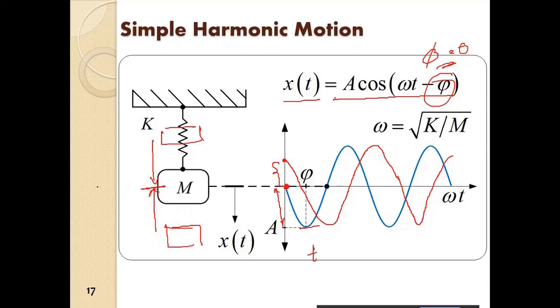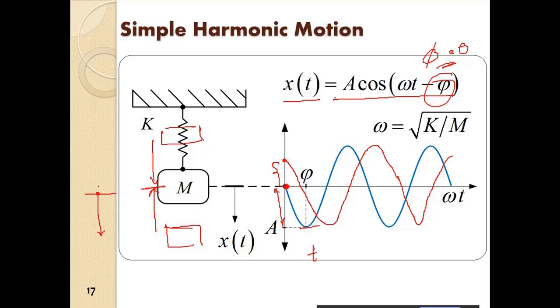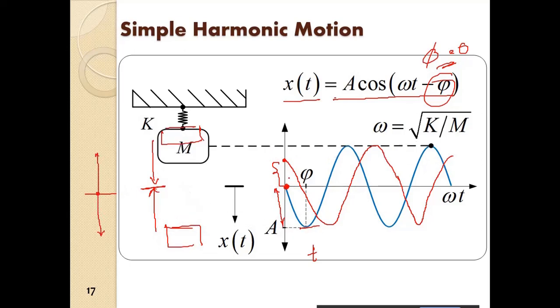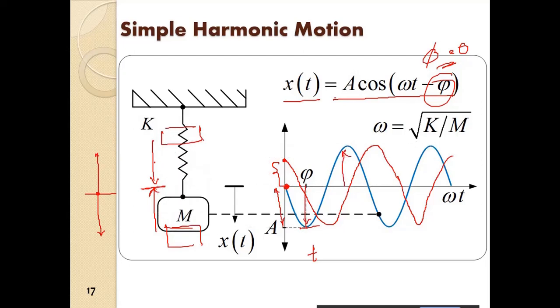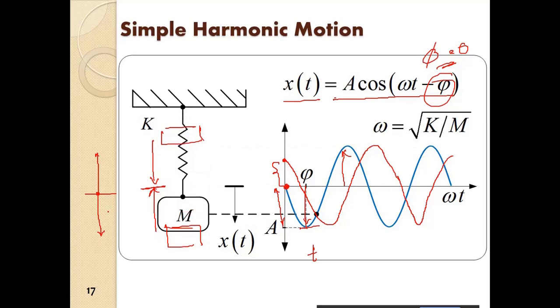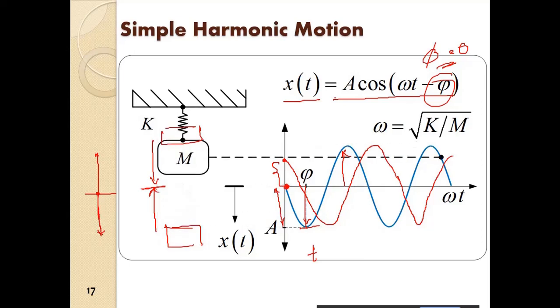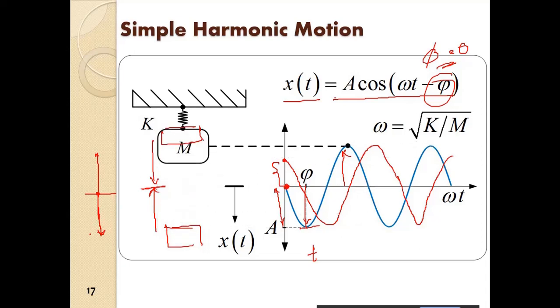But what about the acceleration? Displacement is obviously zero at this point, we know. If it goes down, displacement will increase. If it goes up, displacement will increase. So this is the displacement and this is the displacement. Now what about the acceleration? When it goes down, the force will increase proportional to the displacement but in the opposite direction of the motion.